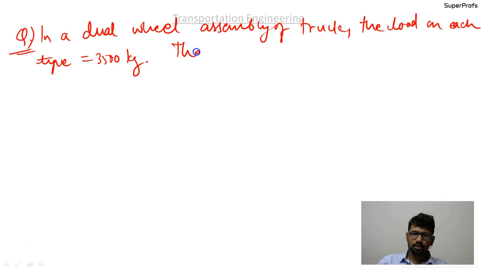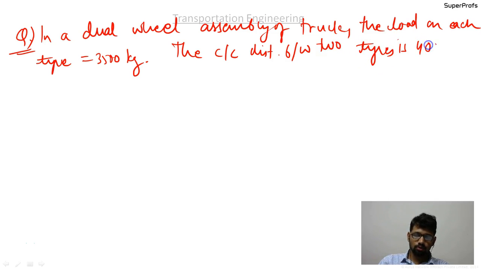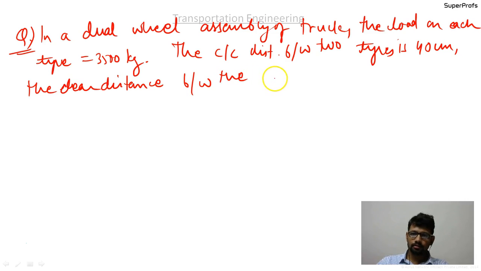The center to center distance between two tires is 40 centimeter, and the clear distance between the two tires is 25 centimeter.